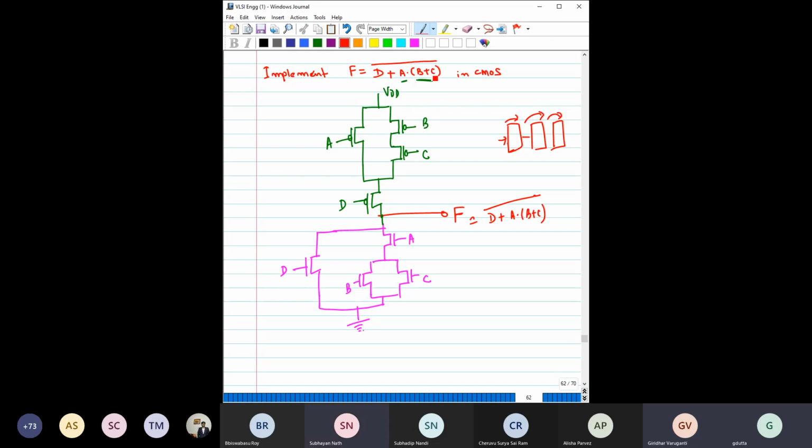We can do the B plus C whole bar as B bar dot C bar, and we will directly feed B bar and C bar instead of B and C. Yes, what you are doing is basically using Boolean algebra, simplifying it from that perspective, and yes, you can do that. But typically our goal would be to first represent it in this fashion, whenever possible, and then design it.